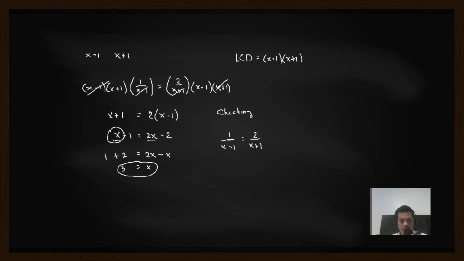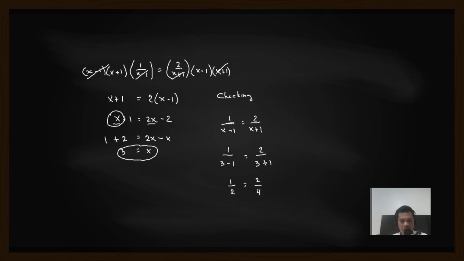Okay, since our x is equal to 3, palitan lang natin yung x, which is, palitan natin yung value ng x is equal to 3, and then, minus 1, 2 over, yung value ng x natin is 3 plus 1, and then, simplify, 3 minus 1, that is 2, and then, dito naman, 2 over 3 plus 1, that is 4. And then 1 half, simplify 2 over 4 into its simplest form, that is 1 half.